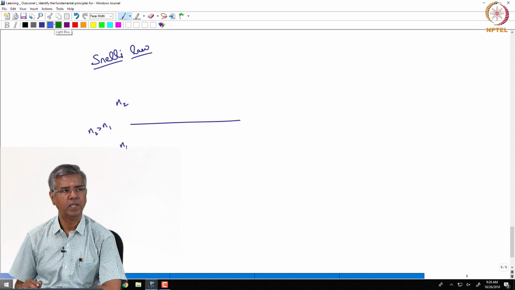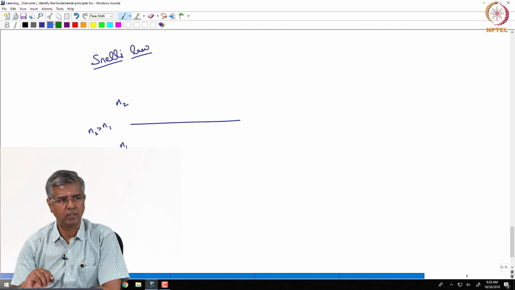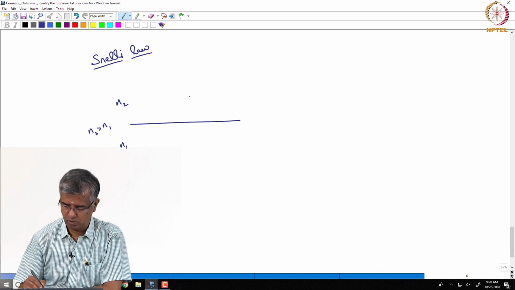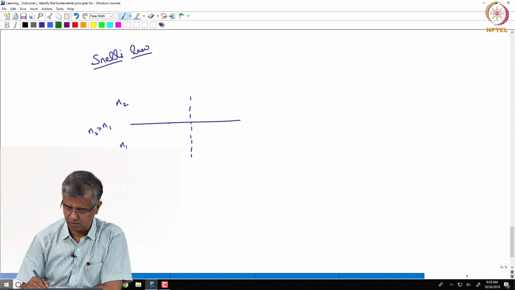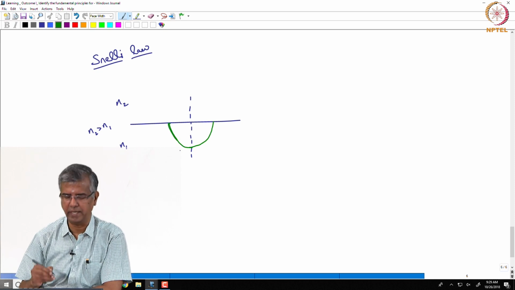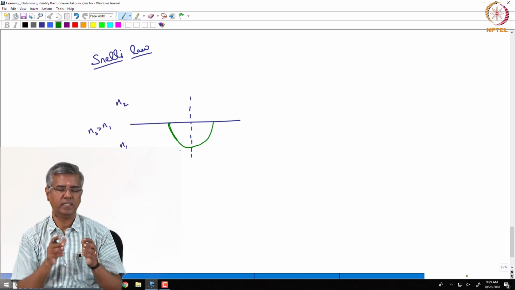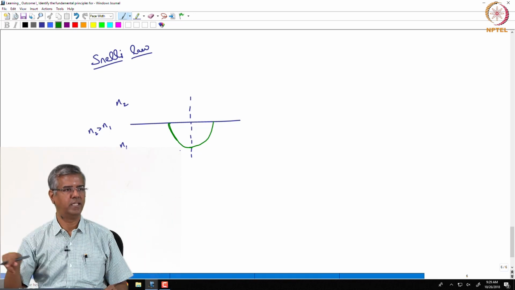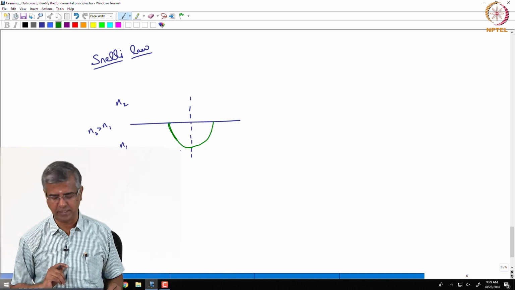So, in this medium, if I define the constant phase fronts, and let us say my normal is somewhere over here, then in this medium, that is actually a spherical wave front, right. If you have a point excitation, then the wave actually spreads out in a spherical manner, right. It's an isotropic material, this first material.